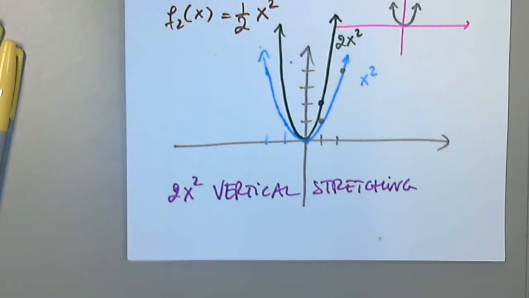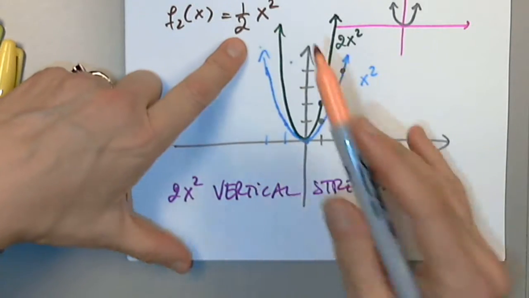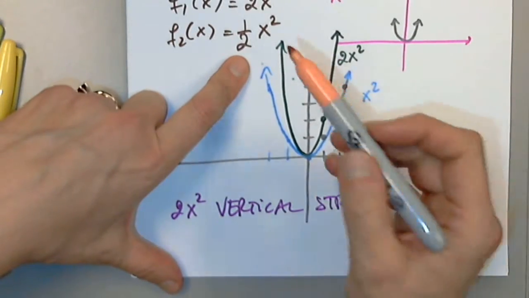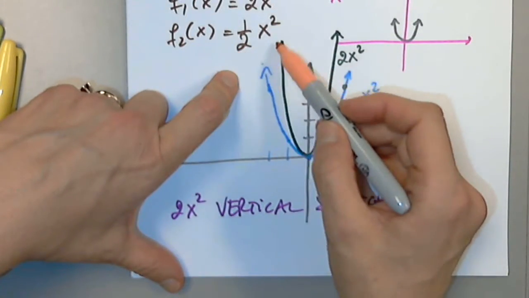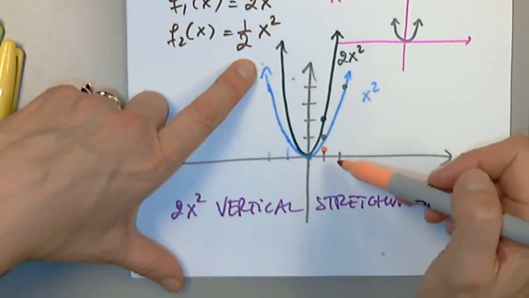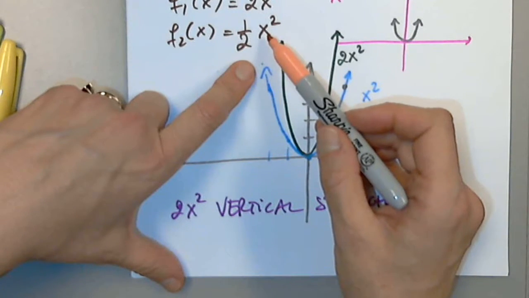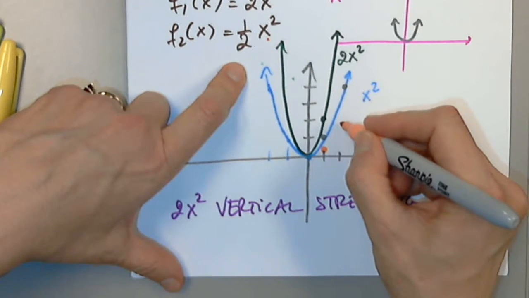Give me a couple of points. So let's say when x is 1 for 1/2 x squared. When x is 1, how much is y? Right here. When x is 2, 4 divided by 2, which is 2.